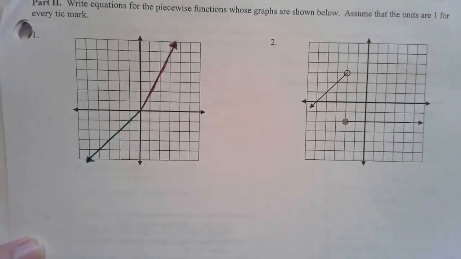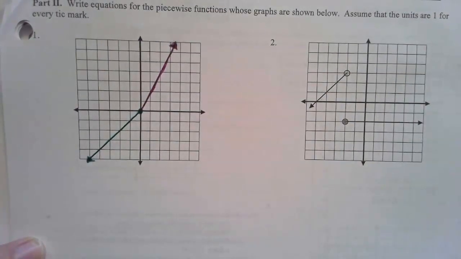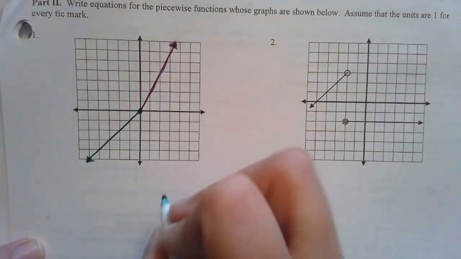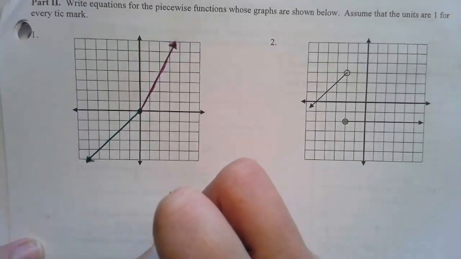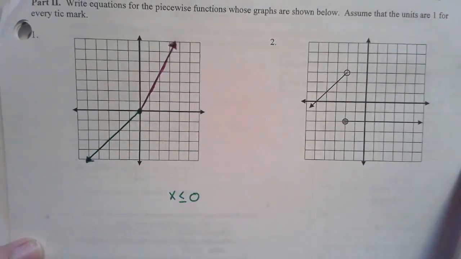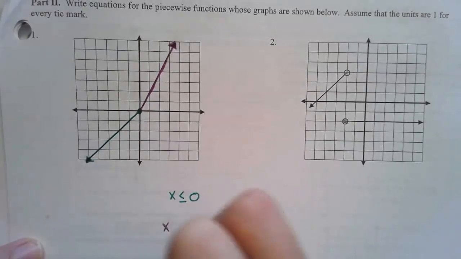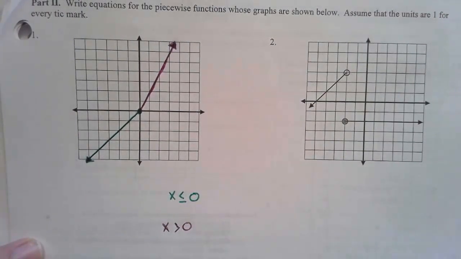So that tells me that my piecewise has its breaking point right here at x equals 0. So what we're going to do is say, okay, the green function represents x values less than or equal to 0, and the purple function represents x values greater than 0.